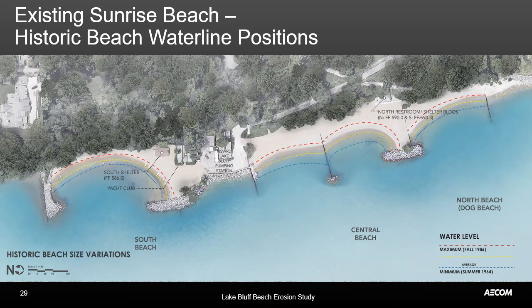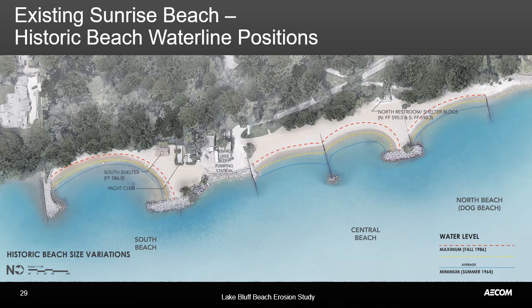This slide is the same 2017 aerial photograph, and we've annotated on here 3 lines. The red line is the beach position historically during high water, like we're having at present and we had back in the late 80s. The yellow line is the average conditions that we've seen in the last 100 years or so, and the blue line is the position of the beach at low water.